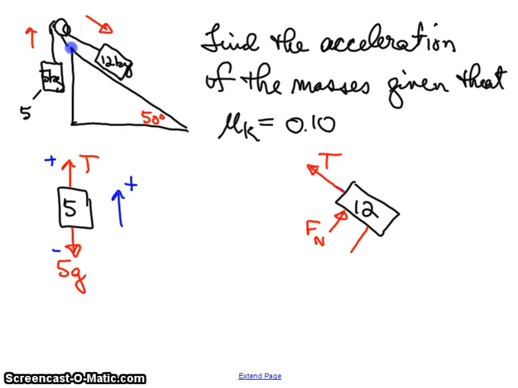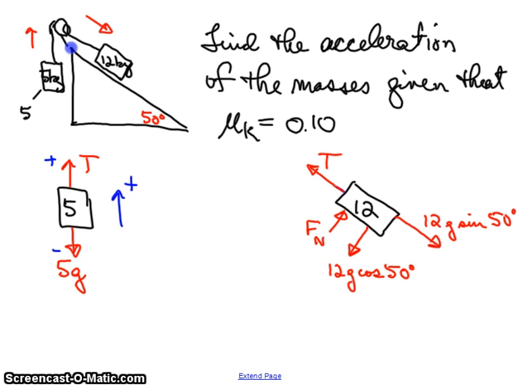The weight pressing against the incline is going to be given by mg cosine of the angle, or 12g times the cosine of 50 degrees. And we have a force going down. This is the component of gravity that actually pulls it down the ramp, and it's going to be 12g times the sine of 50 degrees, or mg times the sine of theta, as we had before.